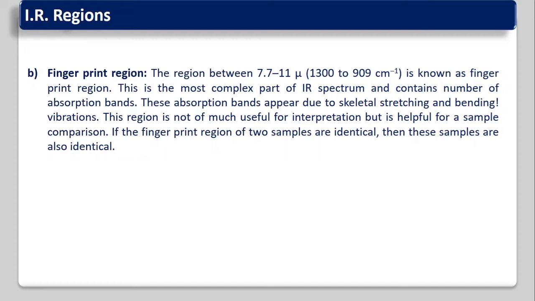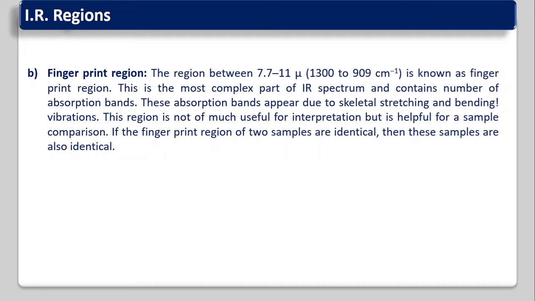These absorption bands appear due to skeleton stretching and bending vibrations. This region is not much useful for interpretation, but it is helpful for sample comparison. If the fingerprint regions of two samples are identical, then those two samples are also identical.